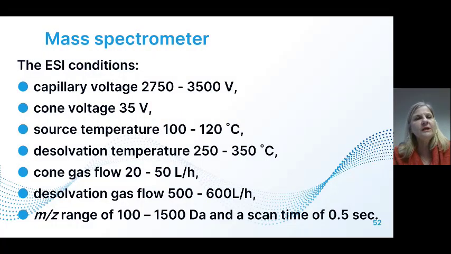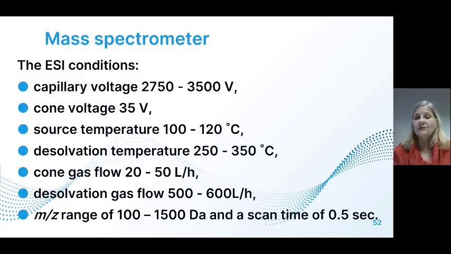If we look at the conditions for the electrospray, you have your capillary voltage somewhere between 2,750 and 3,500 volts. Cone voltage 35 volts, your source temperature between 100 and 120 degrees Celsius, your desolvation temperature between 250 and 350 degrees Celsius, your cone gas flow between 20 and 50 liters per hour, your desolvation gas flow between 500 and 600 liters per hour, and your mass to charge range would now be much bigger than for GC.